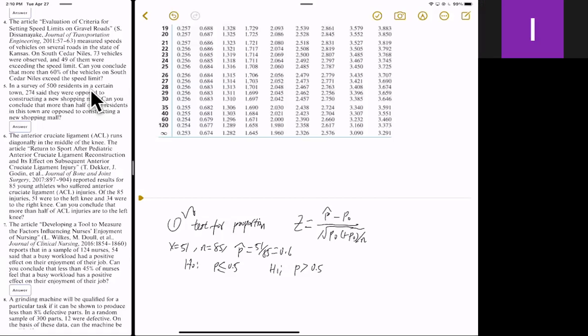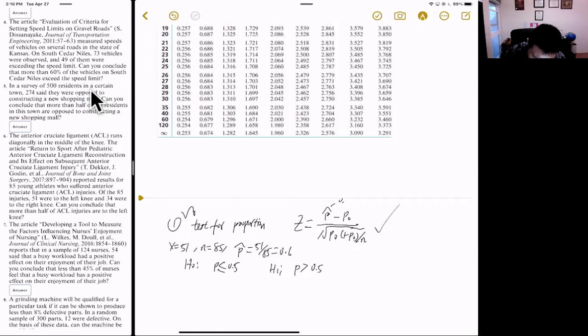Then we calculate the z-score here based on the equation. Right. So sample proportion is 0.6, P0 is 0.5, sample size is 85. Okay, so we calculate the z-score. It is 1.84, very large.